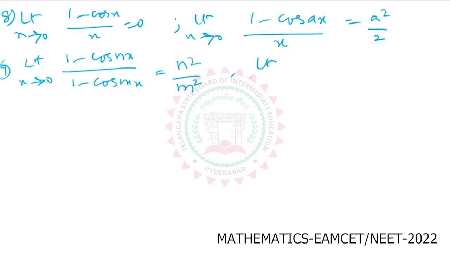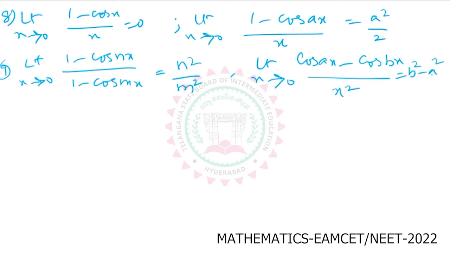Similarly, limit x tending to 0, cos ax minus cos bx divided by x square is equal to b square minus a square divided by 2, right?